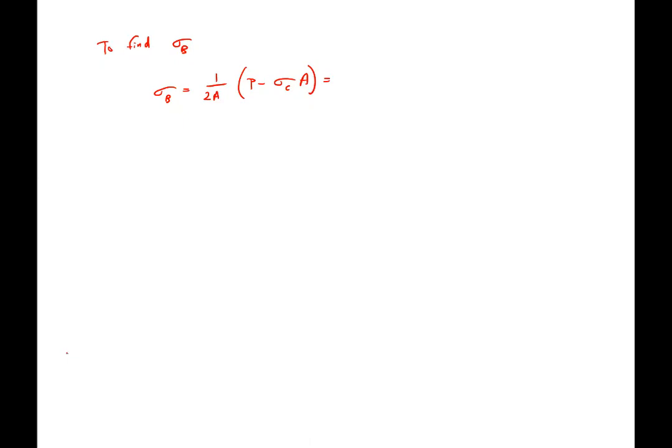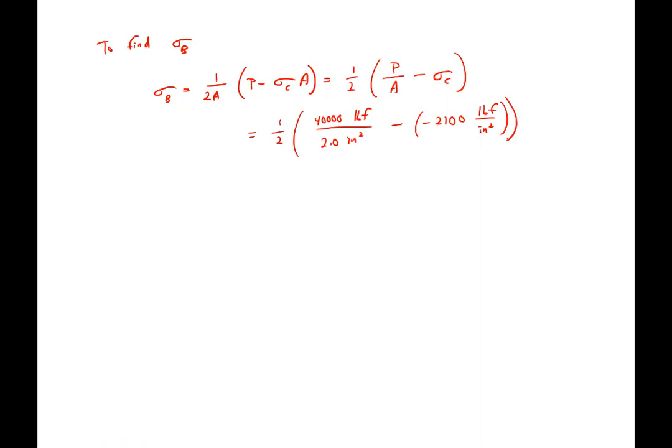Let's replace this with 1 over 2 times P over A minus sigma C. So basically, I just multiplied through by that A. So I have 1/2, and then 40,000 pound force over 2 square inches minus a negative 2100 pound force per inch squared.